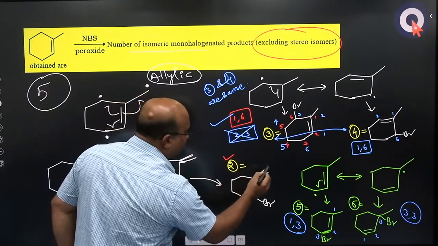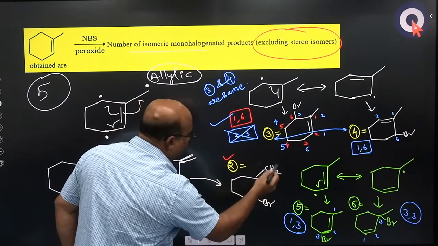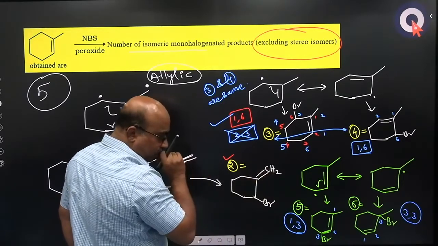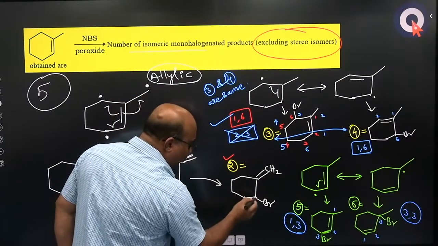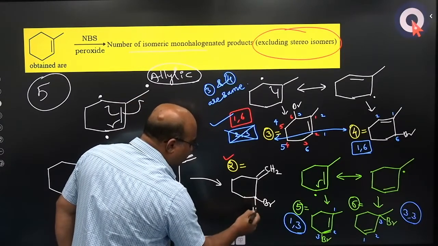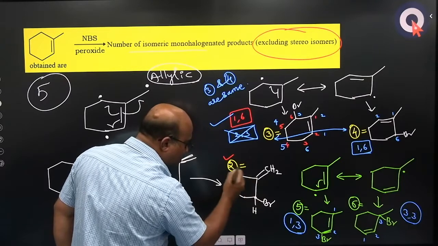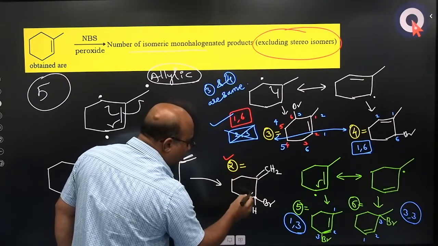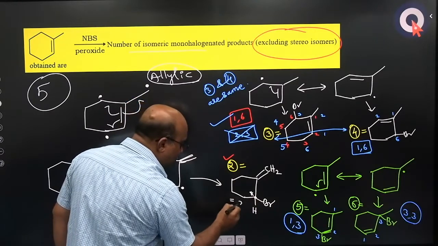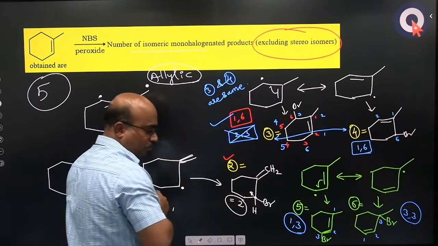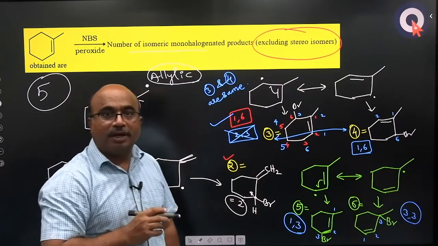Geometrical is not possible because it is CH2, terminal, two hydrogens are there. But this carbon with Br and hydrogen, in the clockwise and anti-clockwise, the groups or directions are same. So this carbon is chiral carbon, we say. So this has two total, D and L pair.